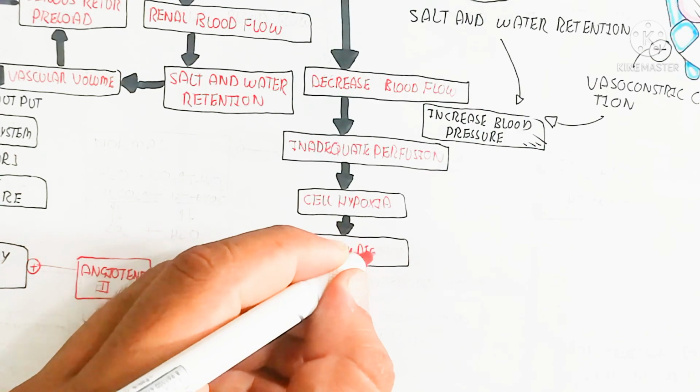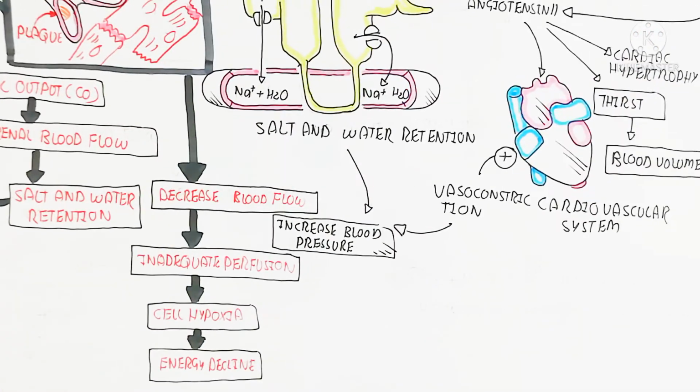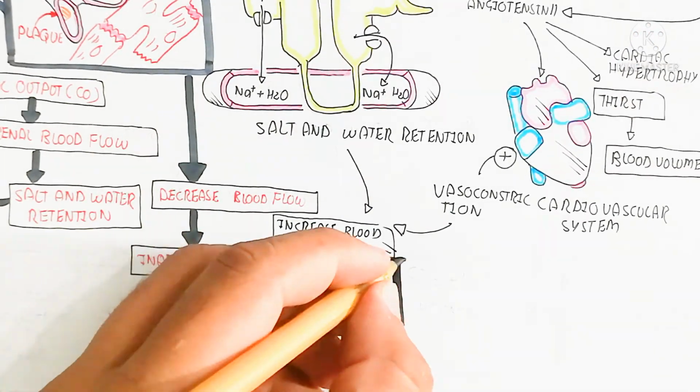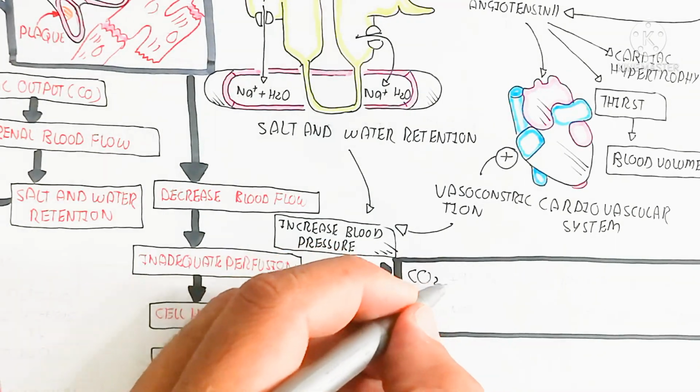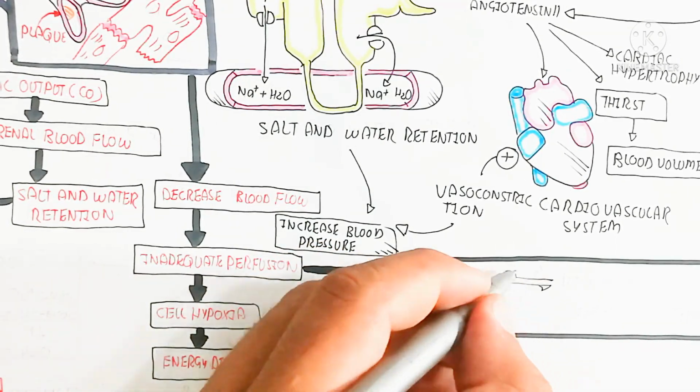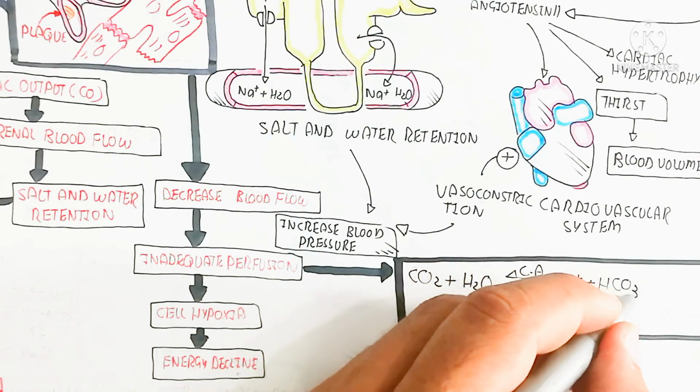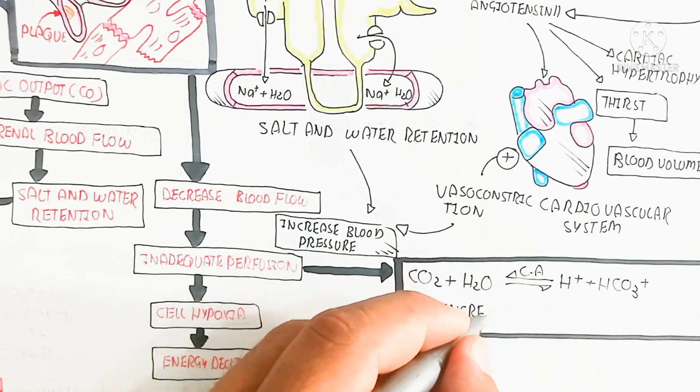So cell hypoxia will occur, and cell hypoxia means the decrease of oxygen. Here the carbon dioxide and water combine together to produce proton and hydrogen bicarbonate.